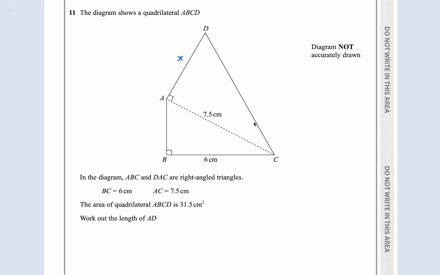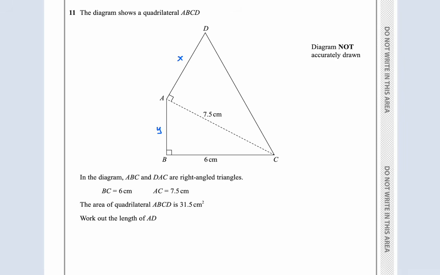Okay, so we can get the area of a right angle triangle by doing base times height divided by 2, which is going to be 6 times this divided by 2. You've got to use the two perpendicular sides. Now, I don't actually have this side, but I can find it out. Let's call it y.